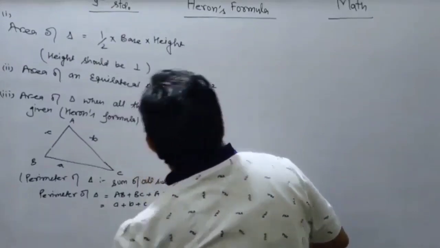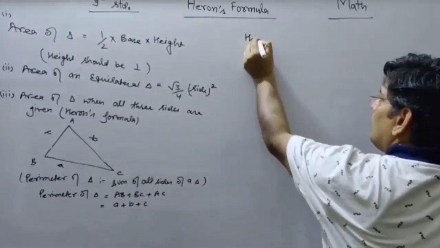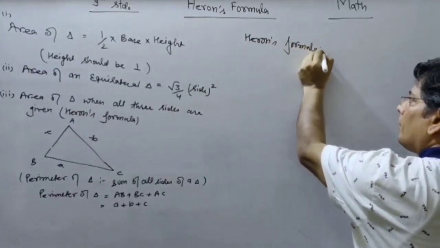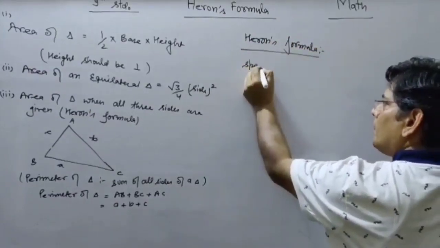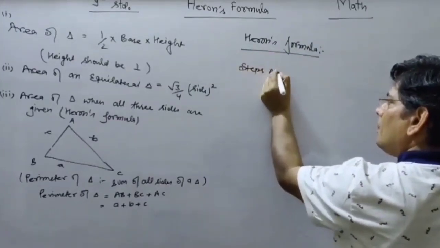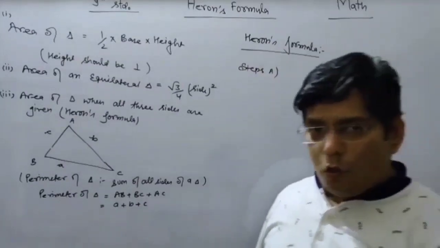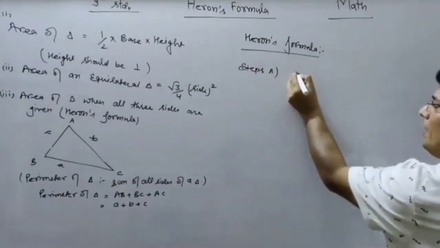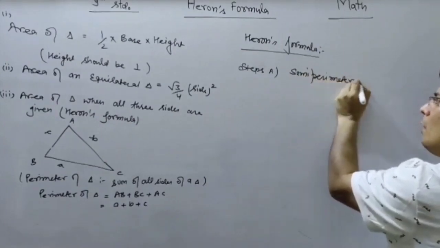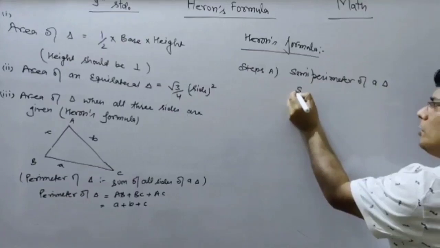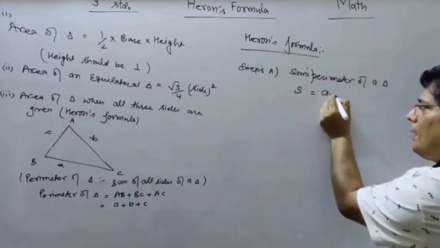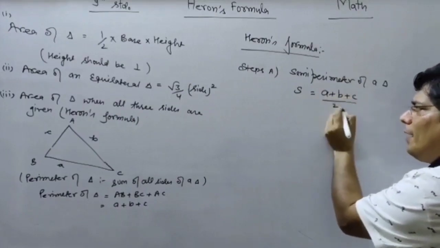Now when we are going to start Heron's formula, first of all we have to use steps. First step is we should know the semi-perimeter of a triangle, that is denoted by S. This S means a plus b plus c divided by 2.